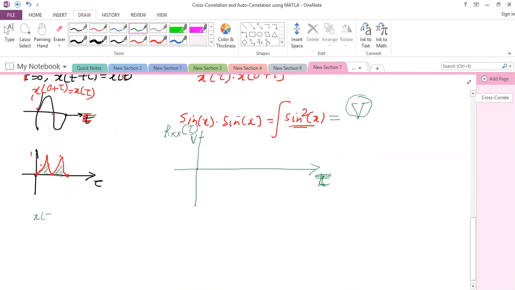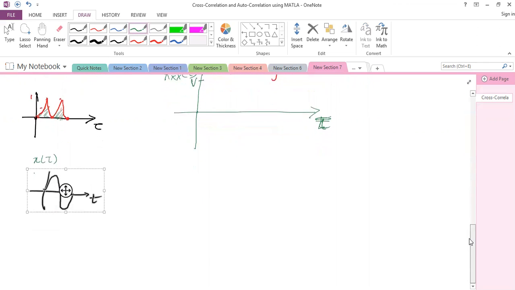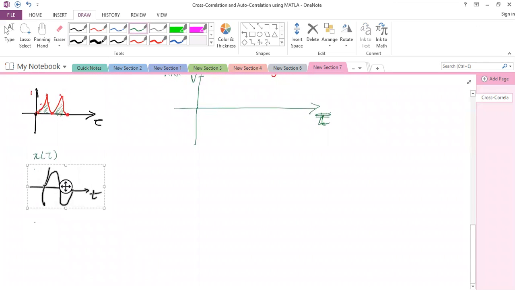X of tau will be like this, and X of t plus tau, I will shift for a duration.